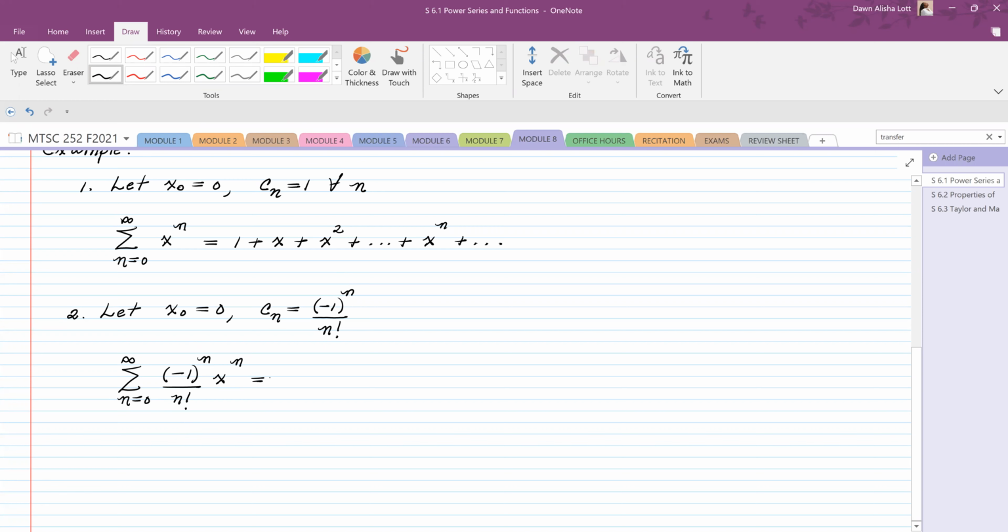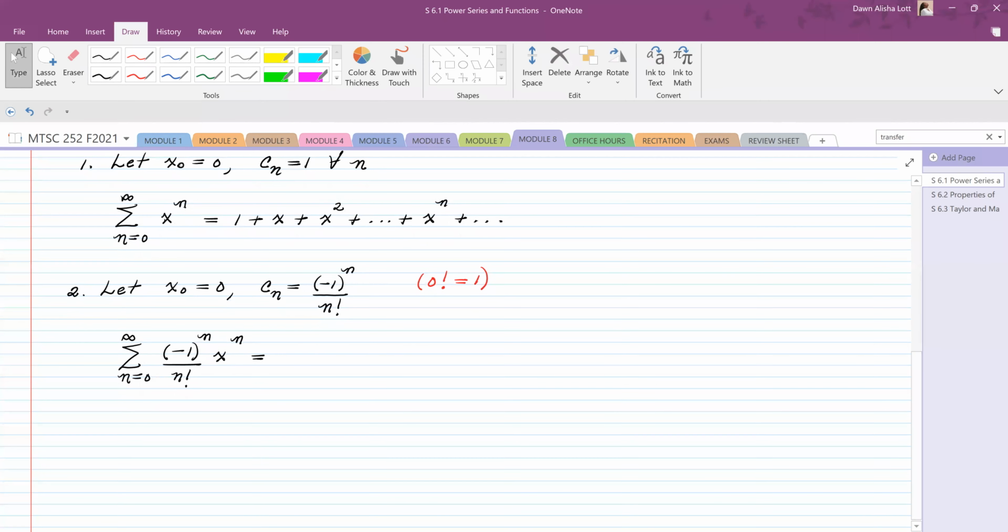Now, one thing you need to know for all of the future is that 0 factorial is always equal to 1. Otherwise, mathematics doesn't work. So 0 factorial is not 0. 0 factorial is 1. So when I put in n equals 0, everything's raised to the 0 power over 1, so I get 1. The next term is minus x over 1.